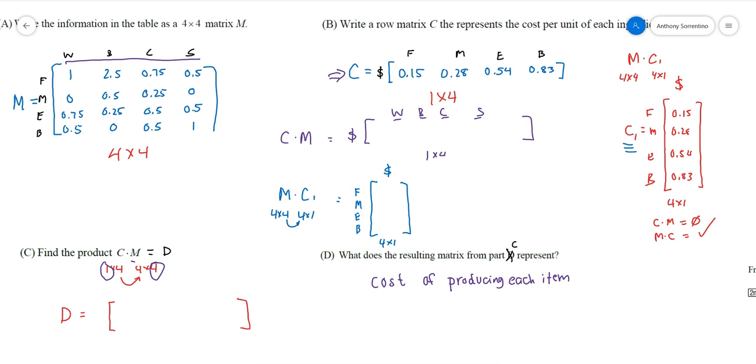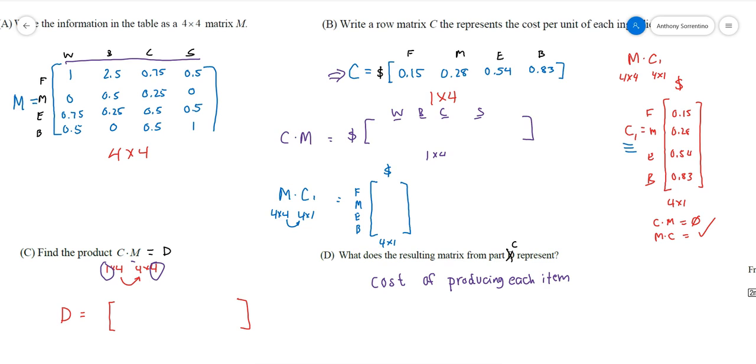So as a result, what I get from each matrix could be a little bit different. If I had chosen to do a column matrix, I wouldn't be able to figure how much it costs for each bakery item. I could tell you how much I spent in total for each ingredient. I could say I spent a total of X amount of dollars for flour, X amount of dollars for milk, and so forth.